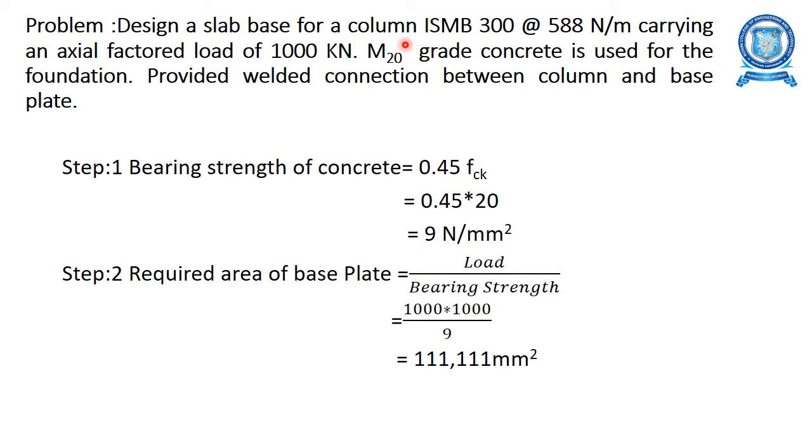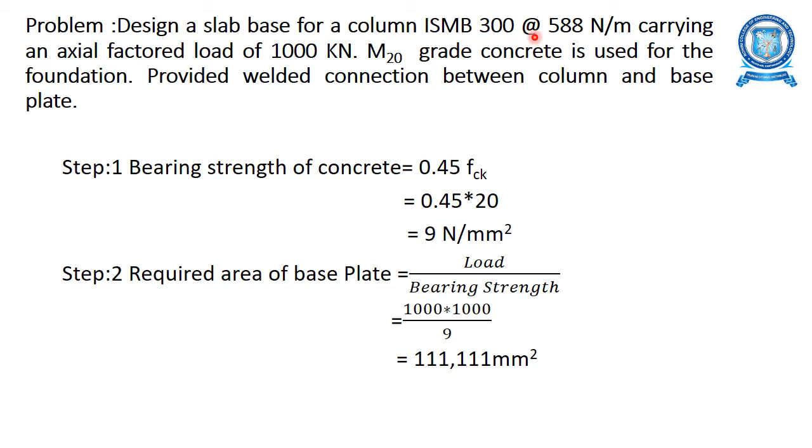Design a slab base for a column ISMB 300 at 588 Newton per meter, carrying an axial factored load of 1000 kilonewton. M20 grade of concrete is used for the foundation, with a welded connection between the column and the base plate.